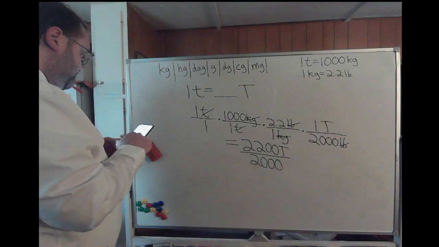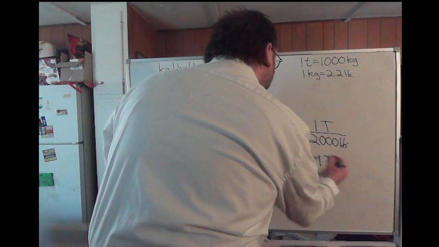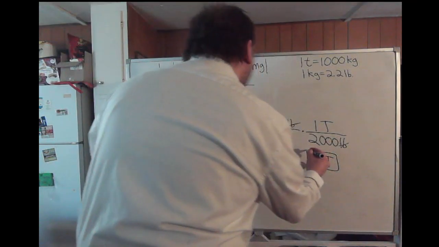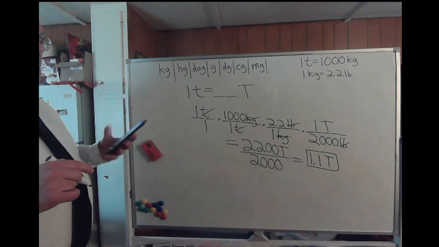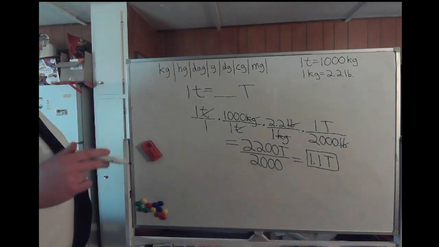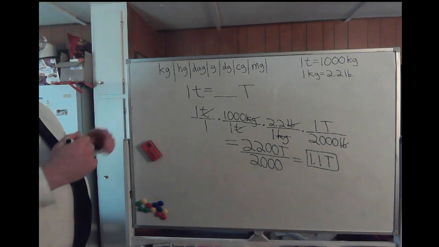What is 2,200 divided by 2,000? That is equal to 1.1. So that means that 1 metric ton is equal to 1.1 American tons. So a metric ton weighs a little bit more than an American ton. That's exactly how you would convert between them.